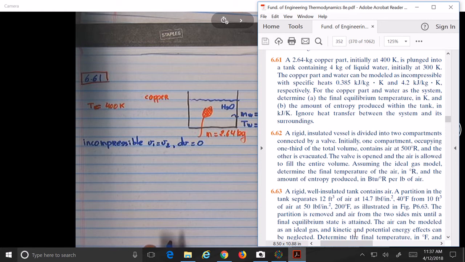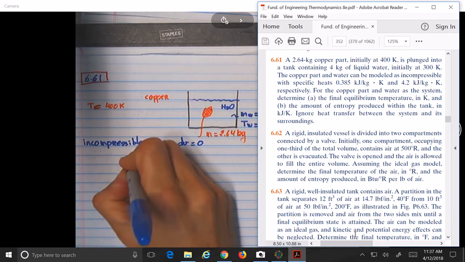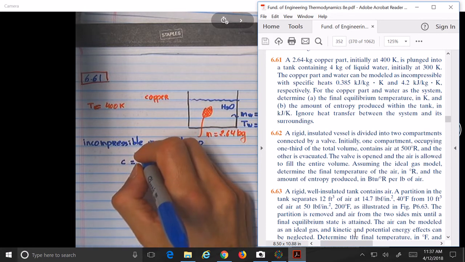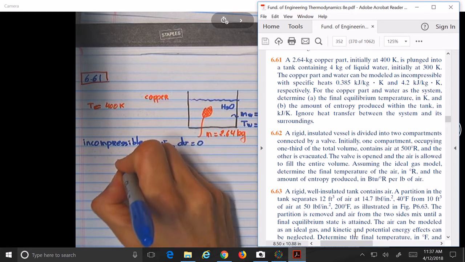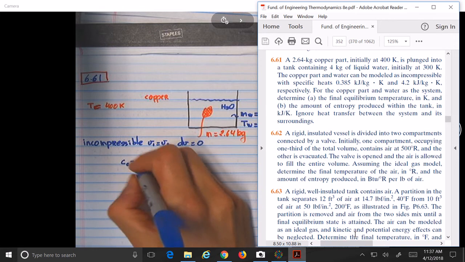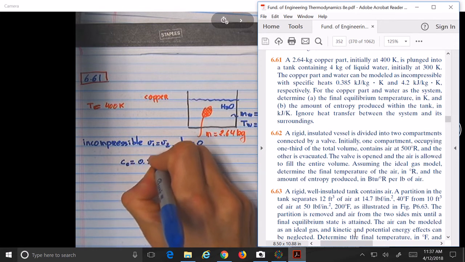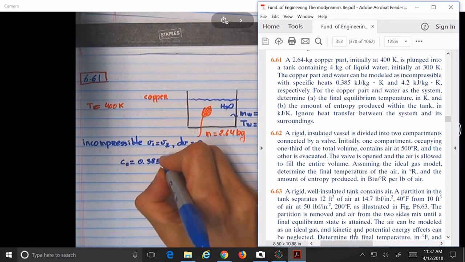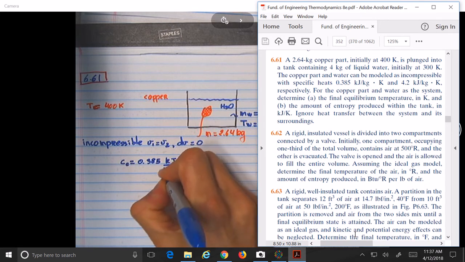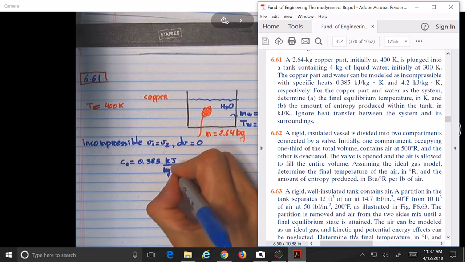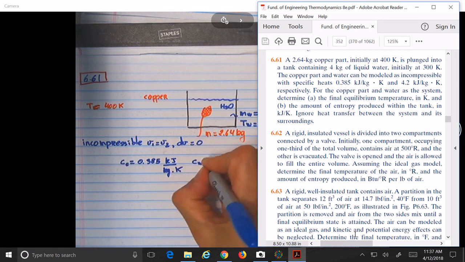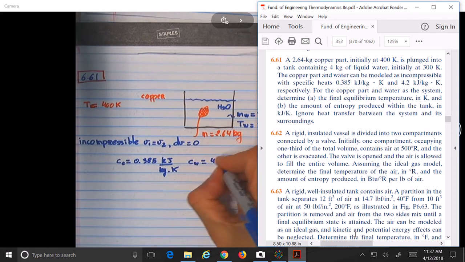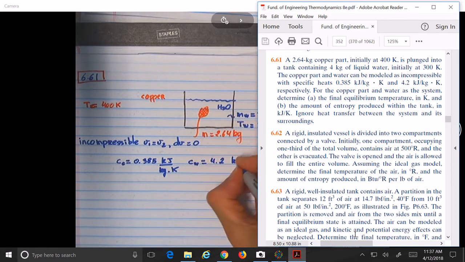The copper is incompressible with specific heat C. So the specific heat of copper, C sub C, is 0.385 kilojoules per kilogram Kelvin, and the specific heat of the water is 4.2 kilojoules per kilogram Kelvin.